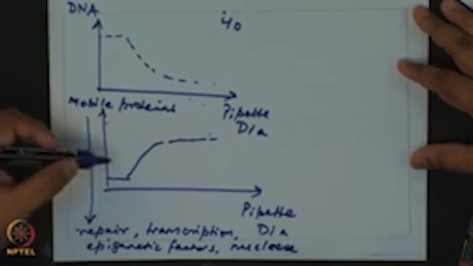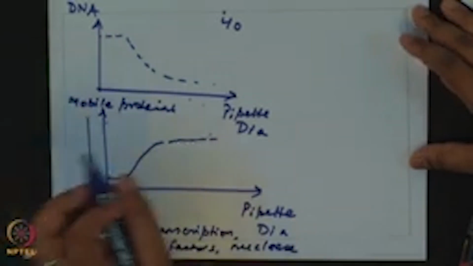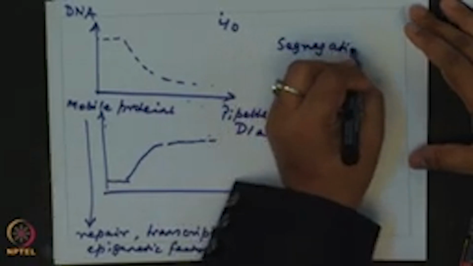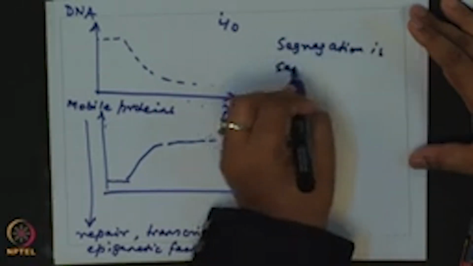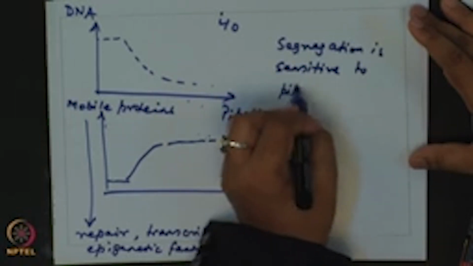For all of these, what they find is that there is segregation, and this segregation is sensitive to pipette diameter.